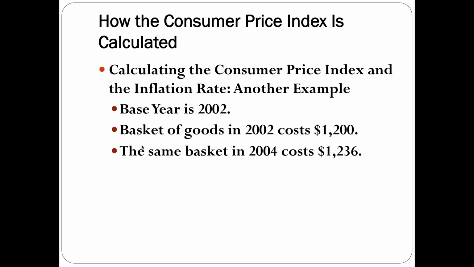Remember, that's the basket in 1 year divided by the basket in the base year. So the 1 year is generally going to be the later year. So that's going to be in your numerator. So it's going to be 1,236 divided by the price of the basket in the earlier year, which is $1,200. Then you multiply that by 100, and you get 103.